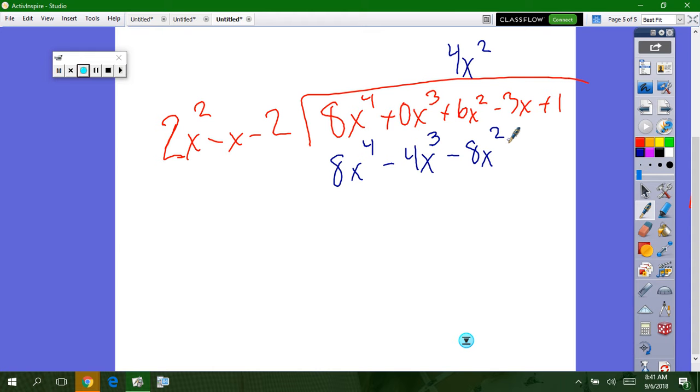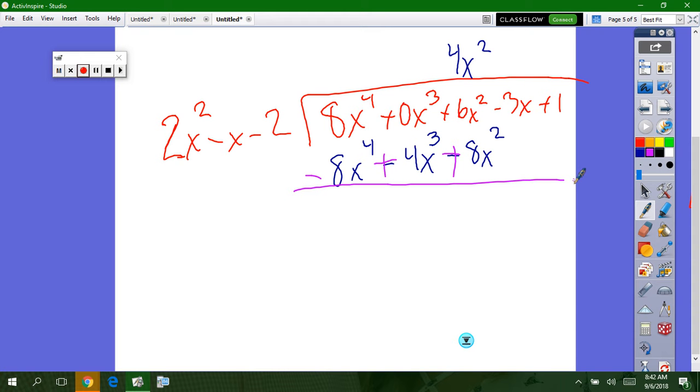Okay. What do we need to do? Why do we change the signs again? Because we're subtracting. We're subtracting this polynomial, which is basically distributing that negative to every single term. Right? Negative, positive, positive. You guys agree with me?